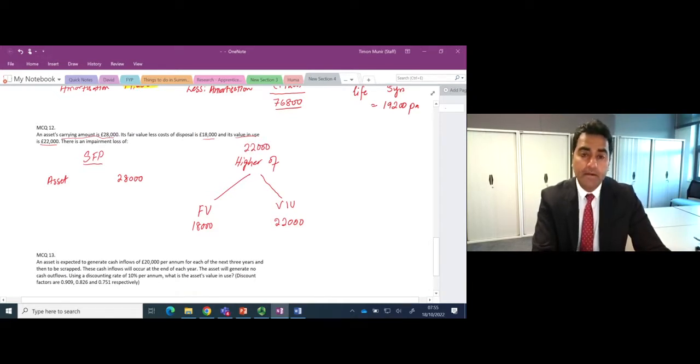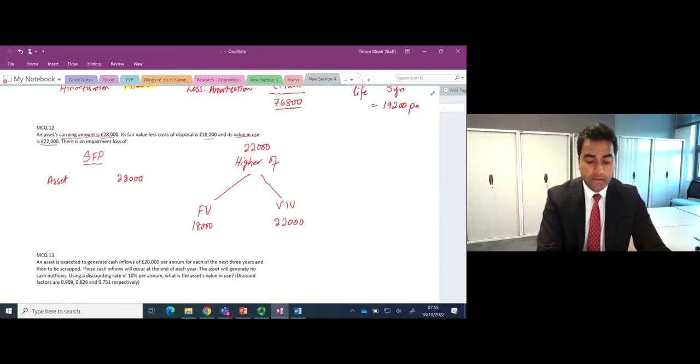Now we will be comparing this £22,000 with the carrying amount which we already have in our books. And we can see that the value of our asset has dropped by £6,000. Therefore, I will replace the existing value of 28,000 by the new value, which is 22,000.